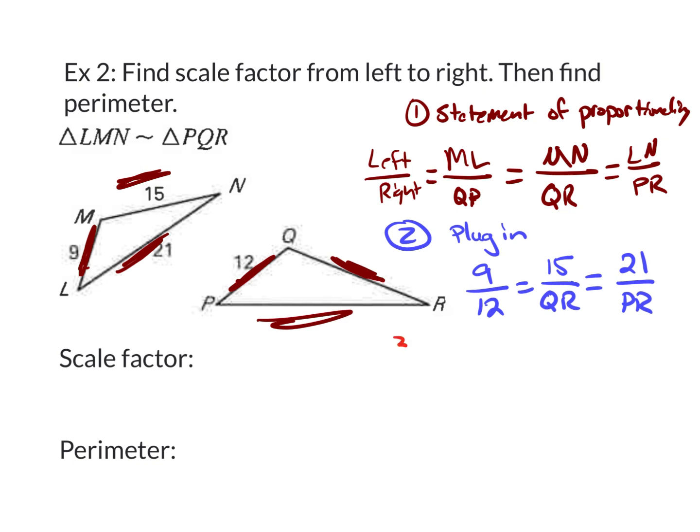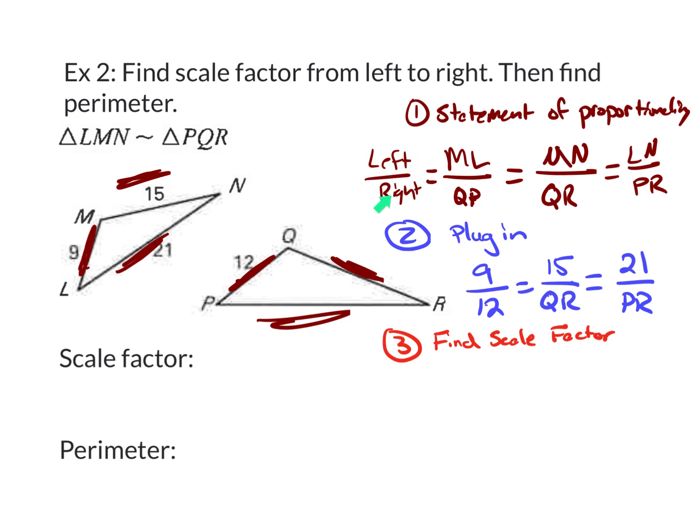Step 3, we're going to find the scale factor. What do I have to do again to find the scale factor? Reduce, okay? Now notice it said find the scale factor from the left to the right. That means my left number needs to be on top of my right number. And that's why I set it up like this.